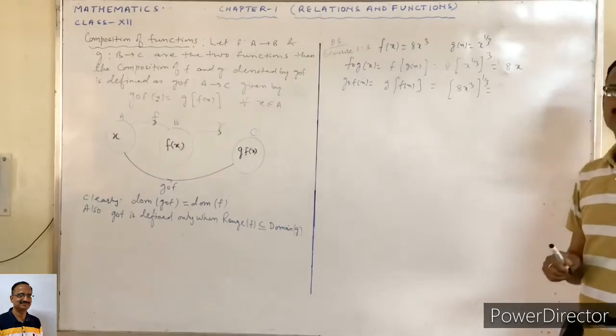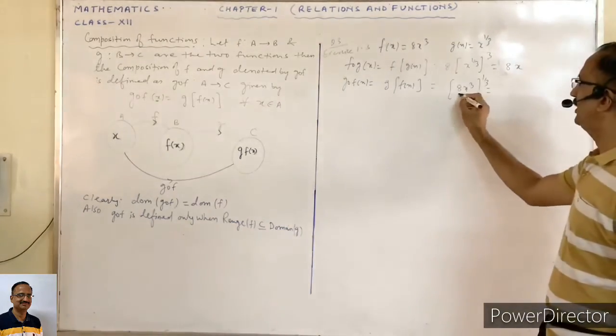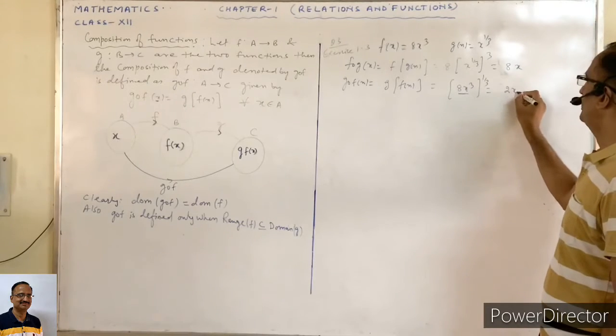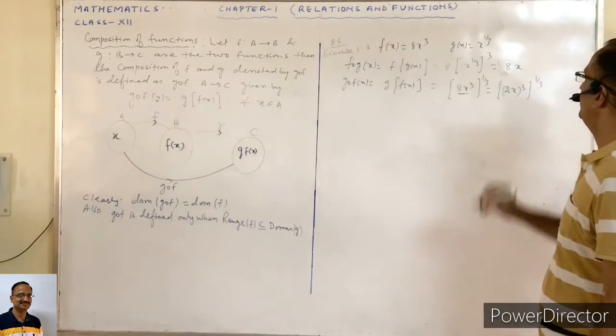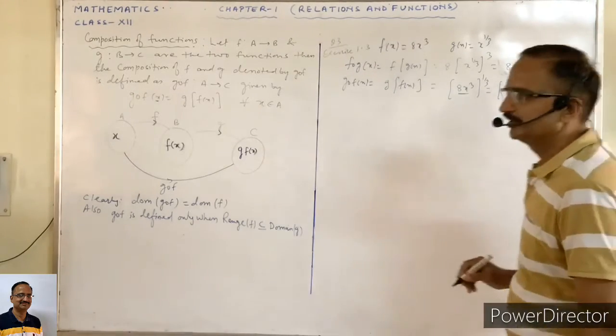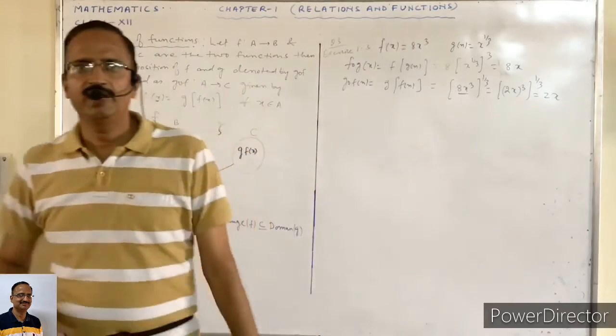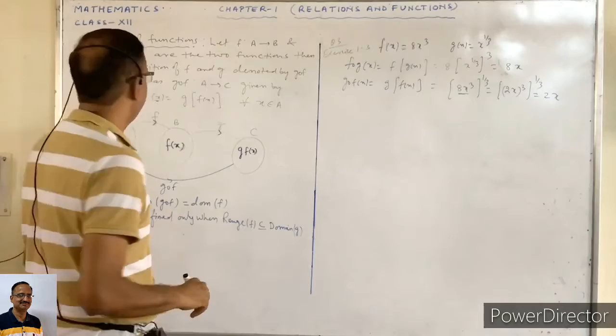This 8 can also be written as 2 raised to power 3. So we can write this as 2x raised to power 3 and whole raised to power 1 by 3. This 3 and 3 cancel out and we will get 2x. So these are the values of fog and gof.